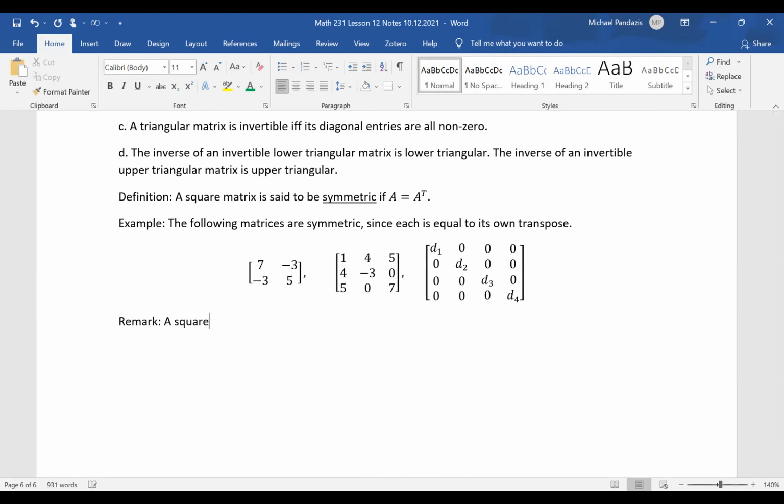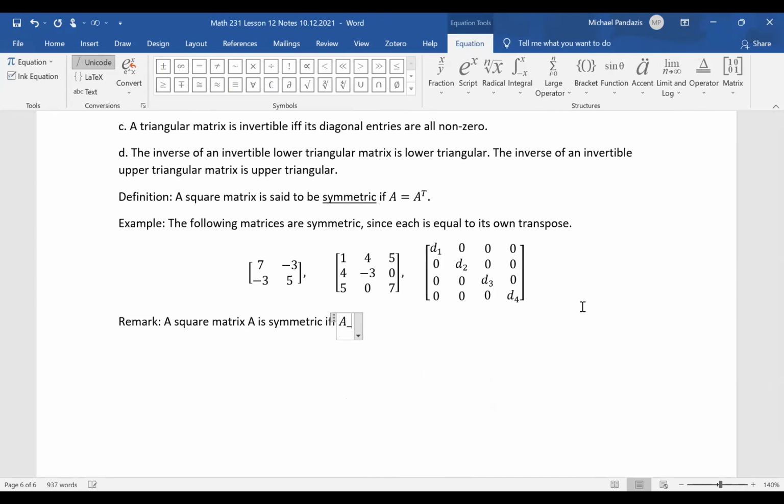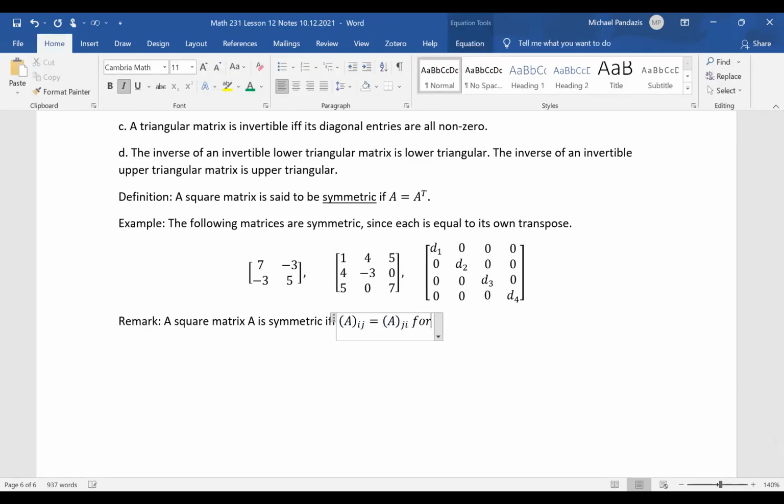A square matrix, capital A, is symmetric if and only if A sub ij is equal to A sub ji for all values i and j.